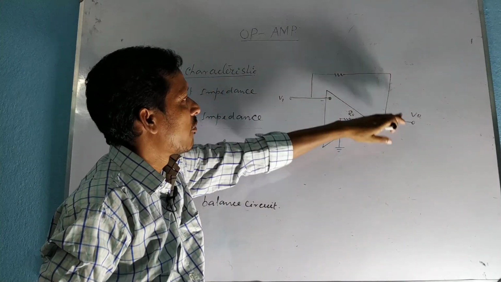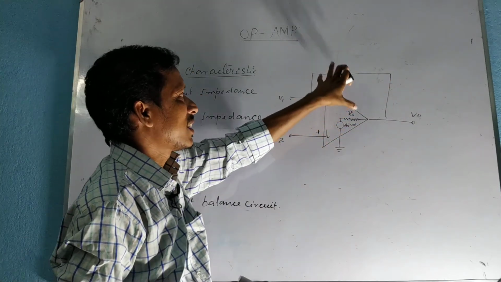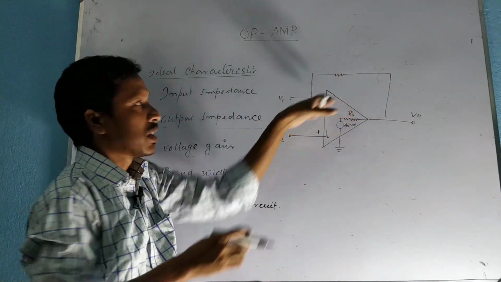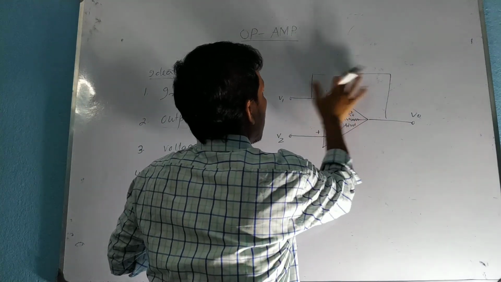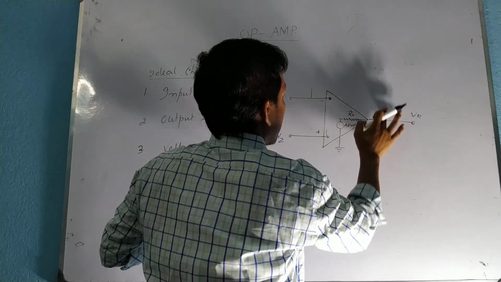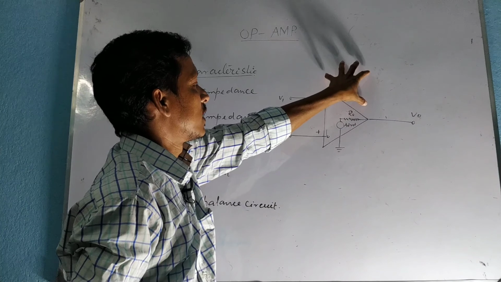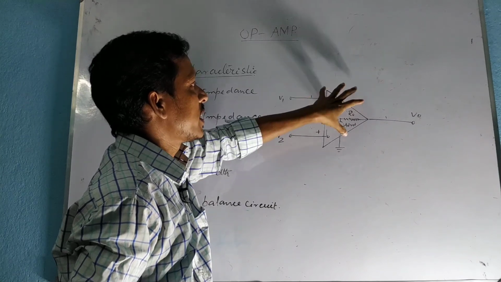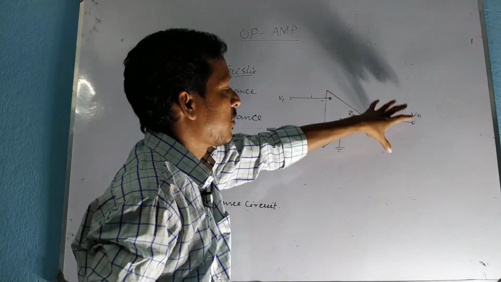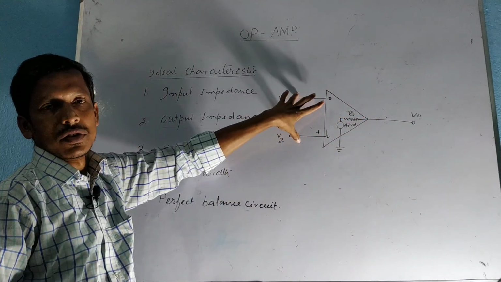Feedback means a fraction of the output is fed back to the input. So it is the closed loop. But if we do not apply the feedback resistance, then it is open loop, and in that case the voltage gain of the amplifier will be the maximum value.